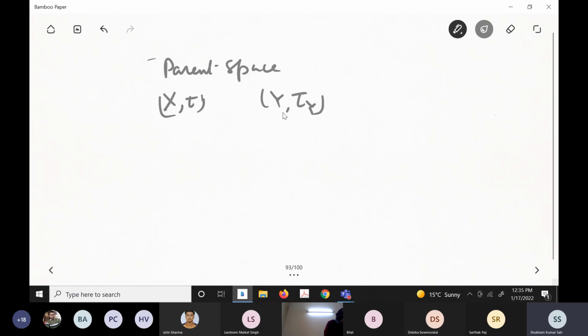Of course, when you write it, we assume Y is non-empty. The whole space is also called the ambient space.